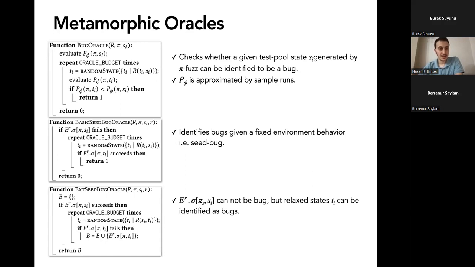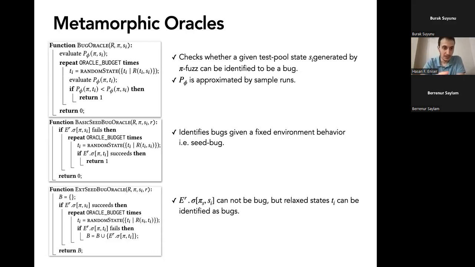Let's continue with the next oracle. This is again the same logic, but we don't unrelax here, we relax the state. So T in this case is the easier state. If you look at the inner if condition, we don't return the bug, but we keep adding bugs to the set of bugs, because according to this definition, bugs always happen on the easier state.